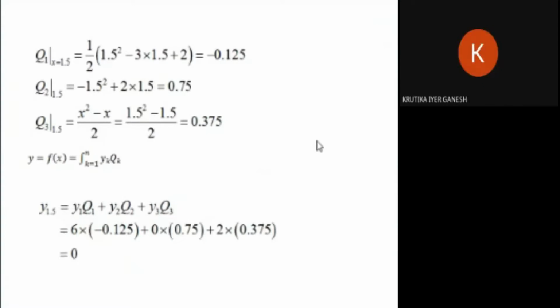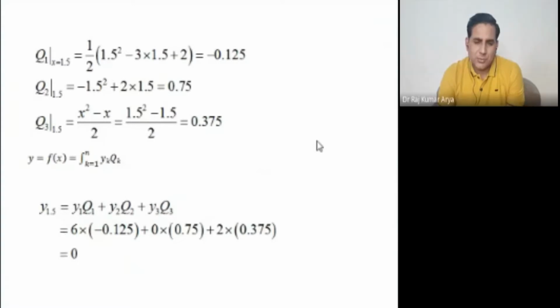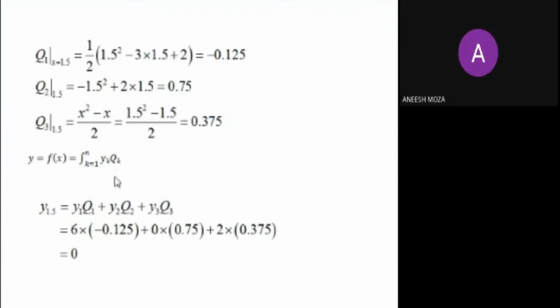So if you substitute that using this Lagrange polynomial equation, summation of yk Qk, k from 0 to n, sorry, 1 to n, you are getting the answer 0.